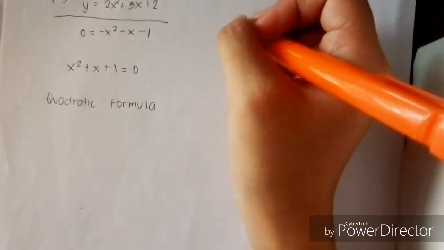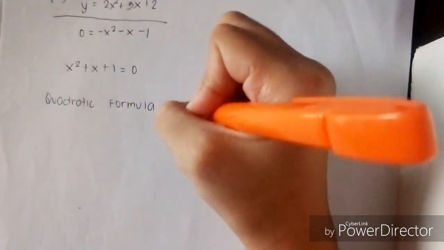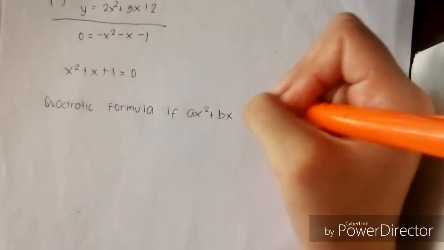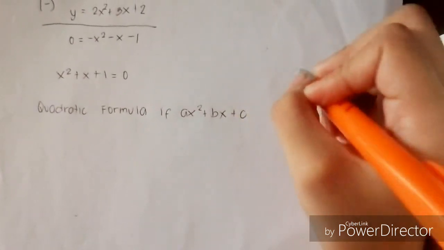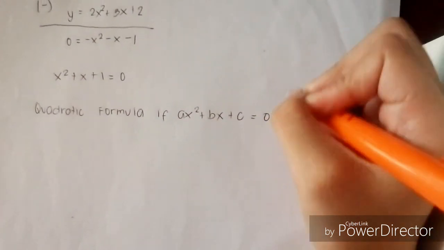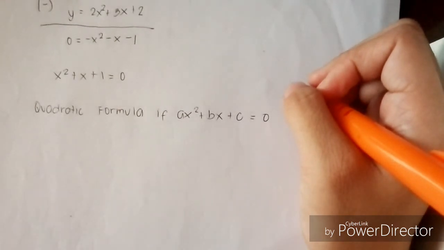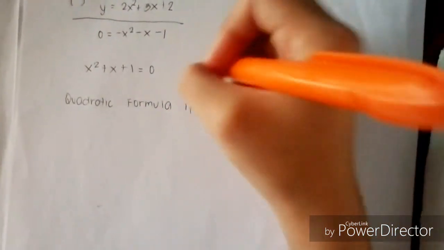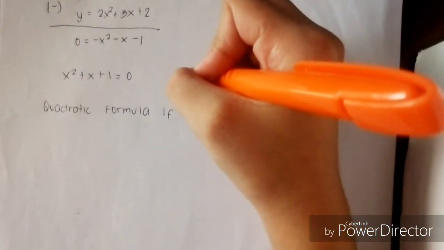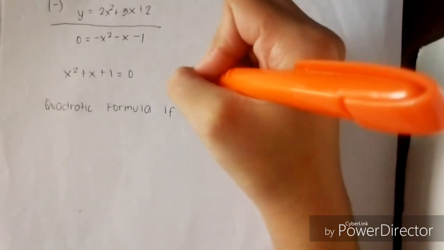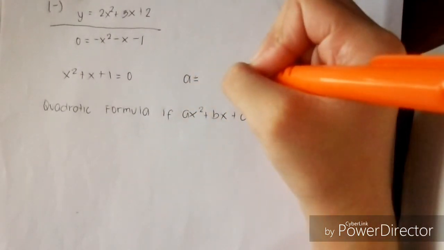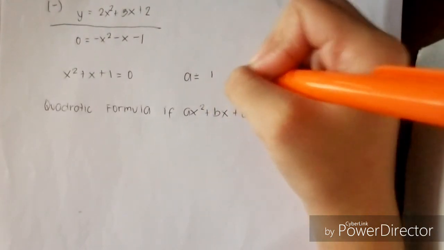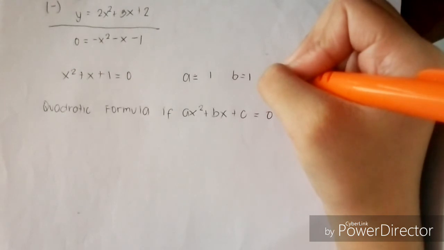The quadratic formula applies if ax to the second power plus bx plus c equals 0. So we will get a, b, and c. In our answer, x squared plus x plus 1 equals 0, a equals 1, b equals 1, c equals 1.